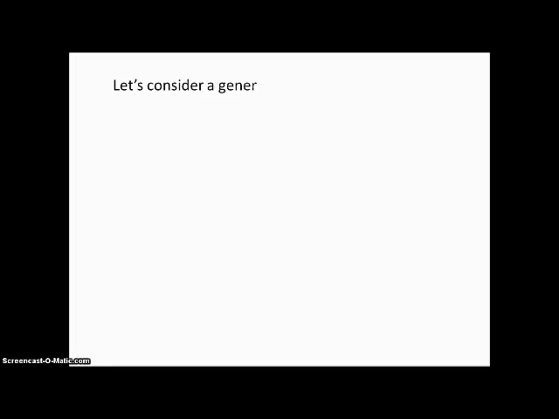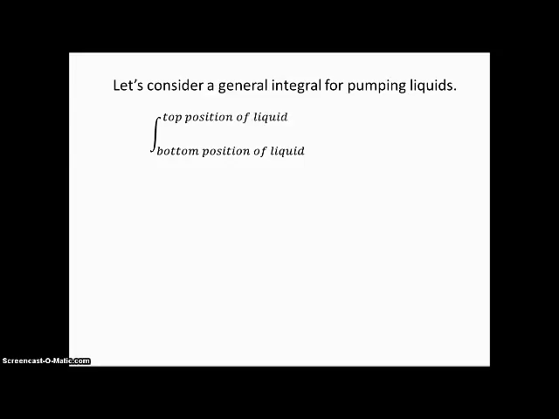So now before we stop, let's consider a general integral for pumping liquids, because these problems tend to be a little trickier, so I just want to review what we're doing here. First of all, your limits of integration start at the bottom position of a liquid and end at the top position of a liquid. If you're pumping out of a container, then these are the positions at the beginning of the problem. If you're pumping into a container, then these are the positions of the liquid after you've finished pumping.